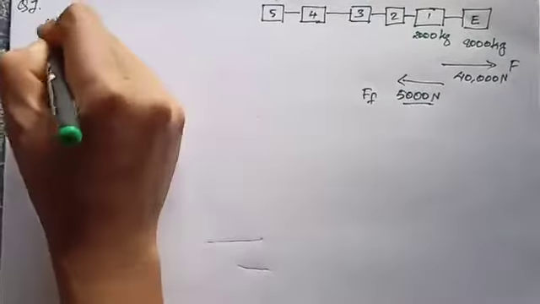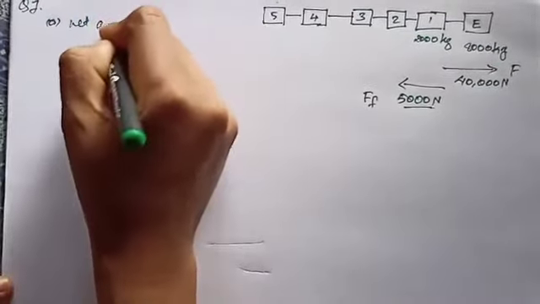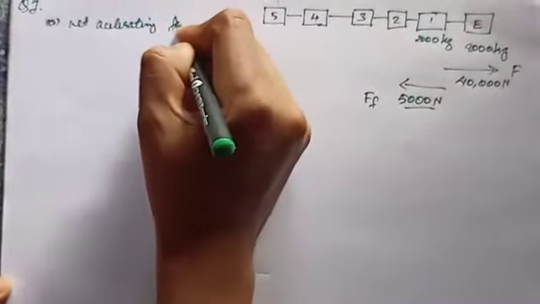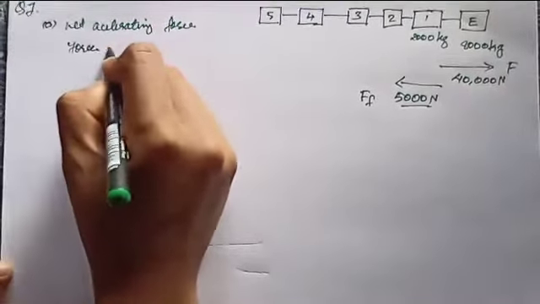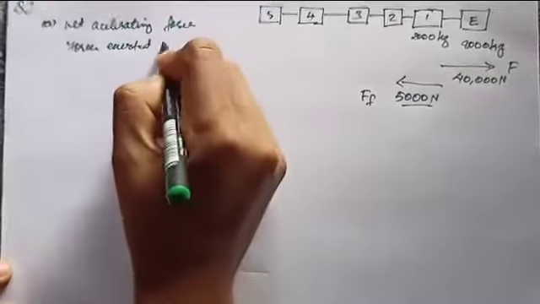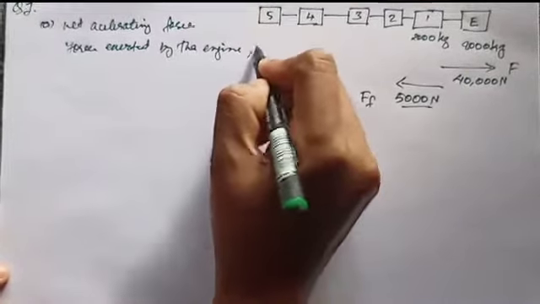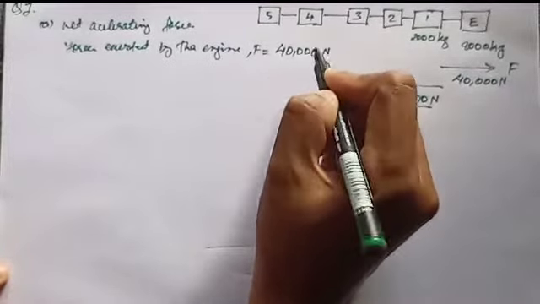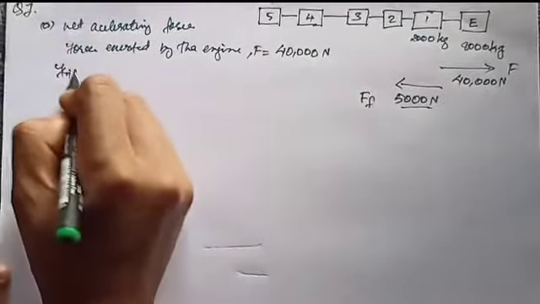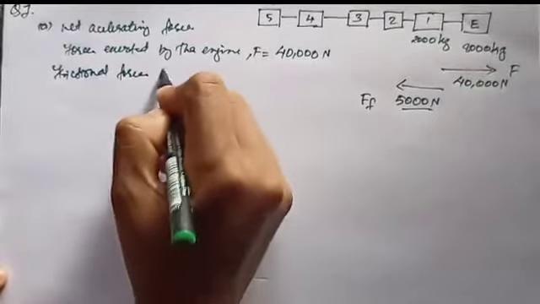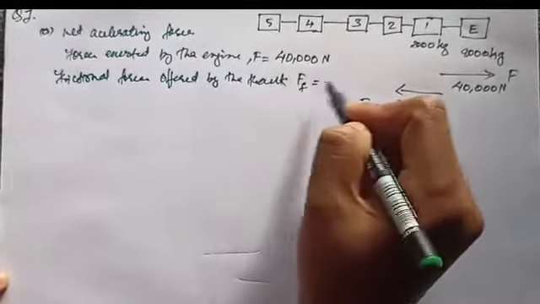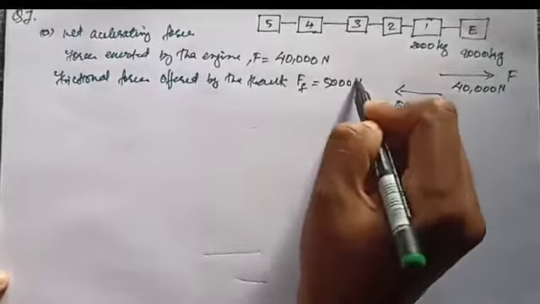The first one is net accelerating force. So force exerted by the engine, that is F, is equal to 40,000 Newton, and frictional force offered by the track, f, is 5,000 Newton.